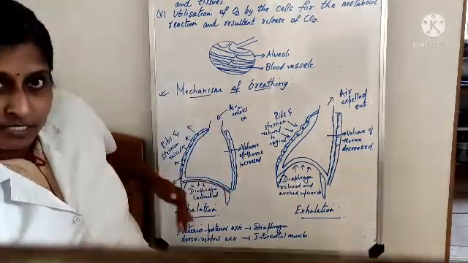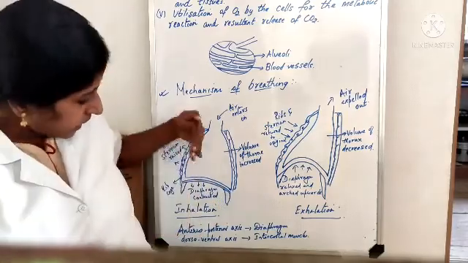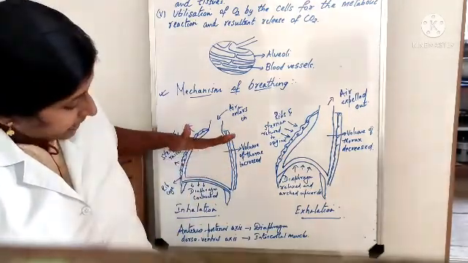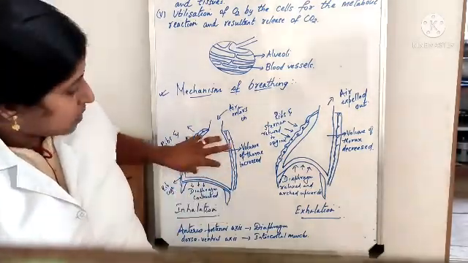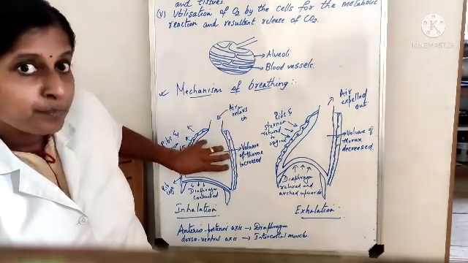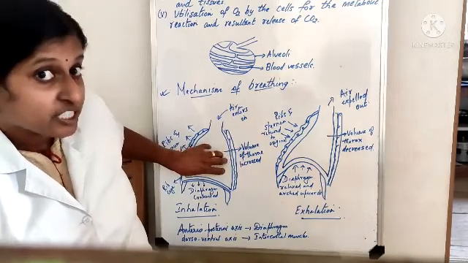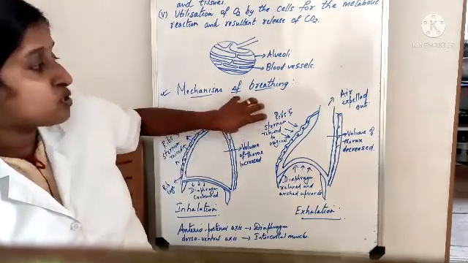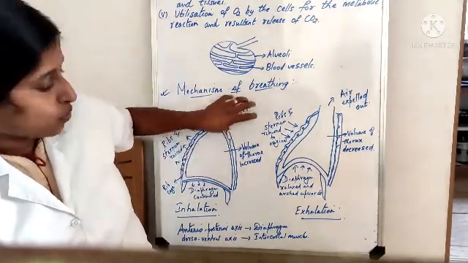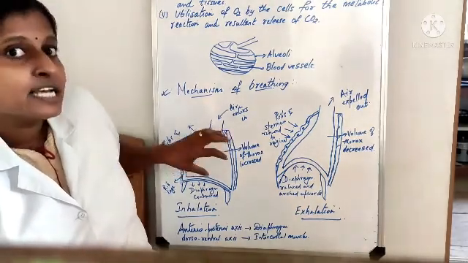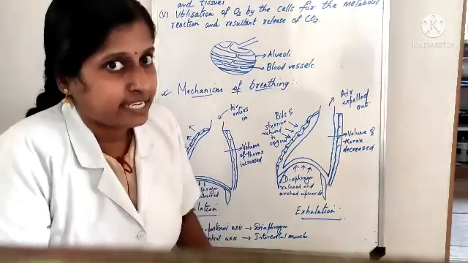When the abdominal muscles which are present here contract, the diaphragm is moving downwards. What happens here? The volume increases. The area increases. Pressure decreases. Outside the pressure of air is more. Inside it is less. So what happens? The air rushes in. Okay.